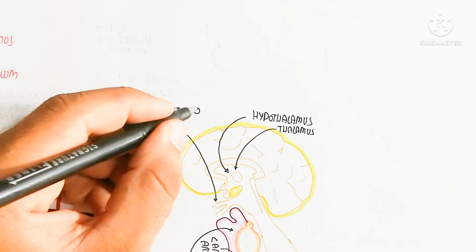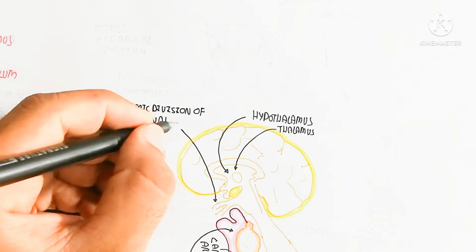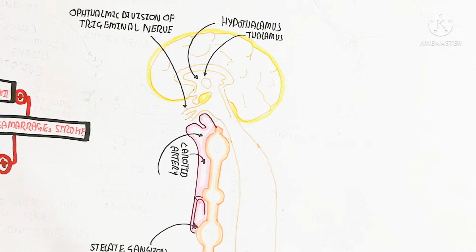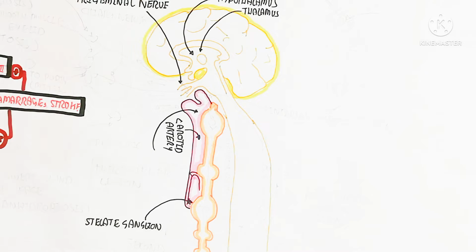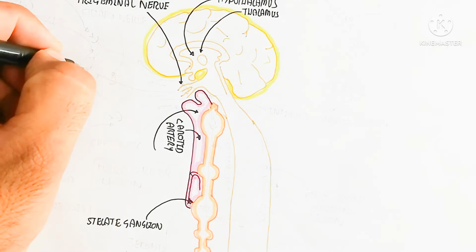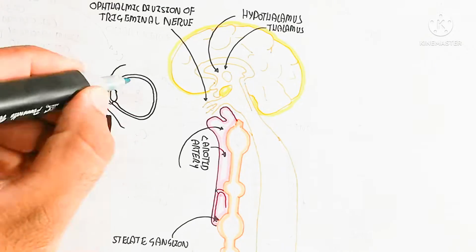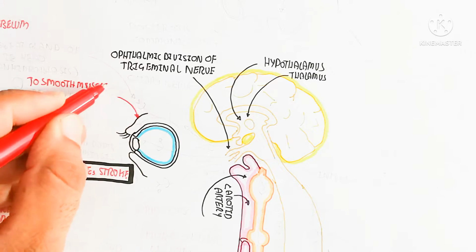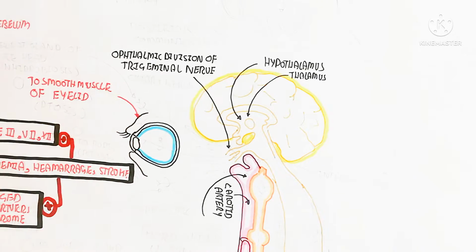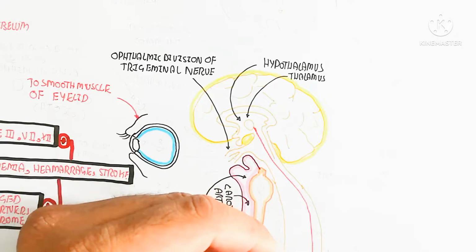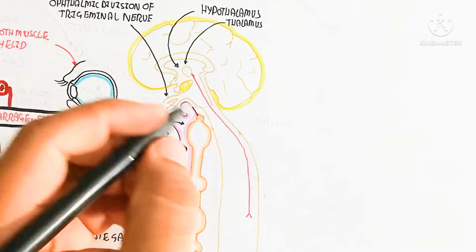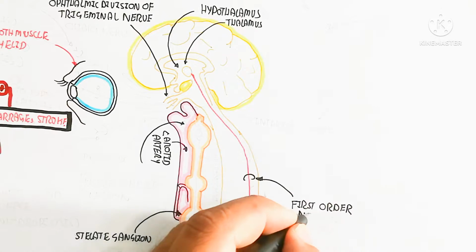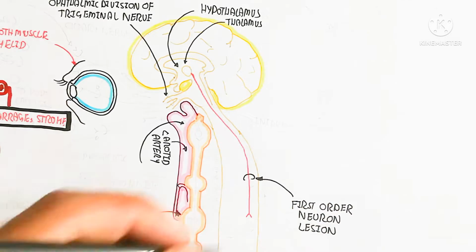This is the ophthalmic division of the trigeminal nerve, which arises from it. On the other hand, this is the eyeball, which contains the ciliary nerve, and that goes to the sweat gland of the forehead. This goes to the smooth muscle of the eyelid for control, and if damaged, ptosis occurs.